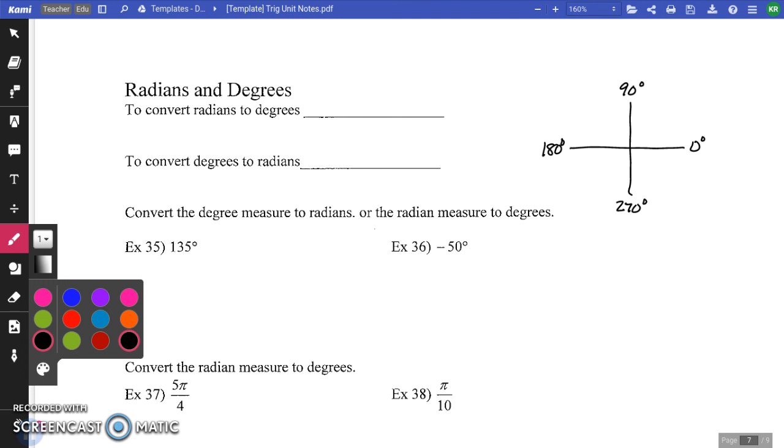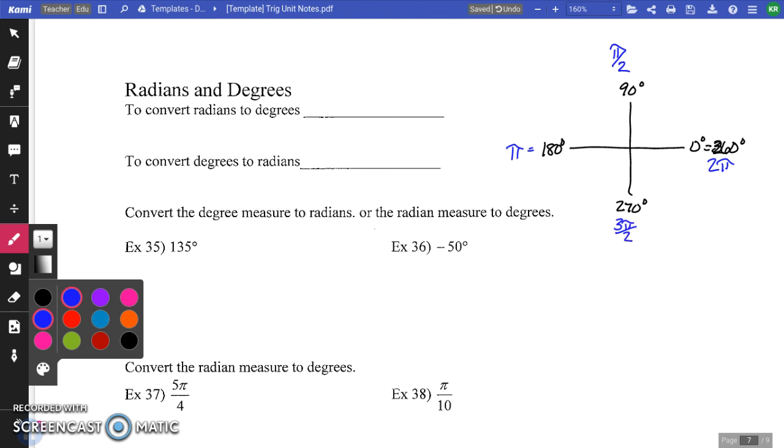In radians, one rotation is 2 pi radians. So there's 360, but one rotation is 2 pi radians, which means pi radians would be at 180, 1/2 pi, or pi over 2, would be at 90, and 3 pi over 2 would be at 270.